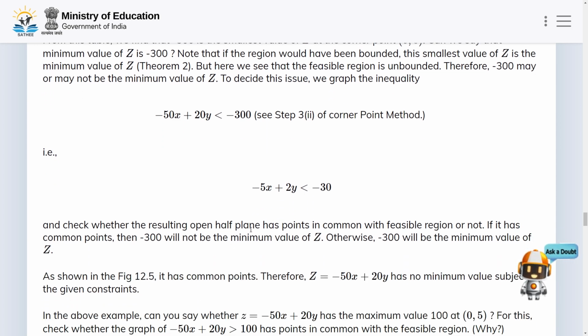From here, what you can check is whether the resulting open half plane has points in common with the feasible region or not. If it has common points, then minus 300 will not be the minimum value. Otherwise, minus 300 will be the minimum value of z.